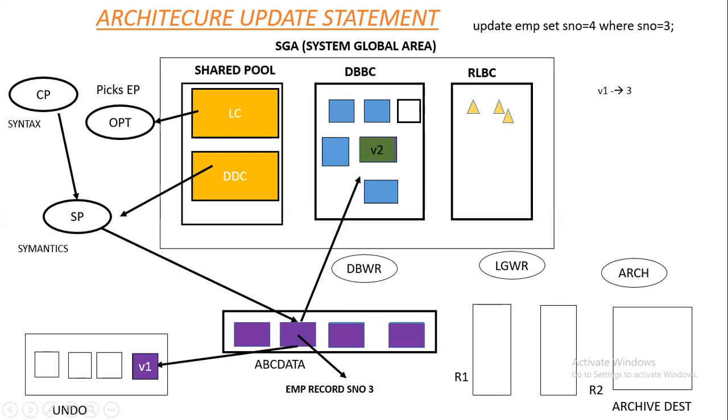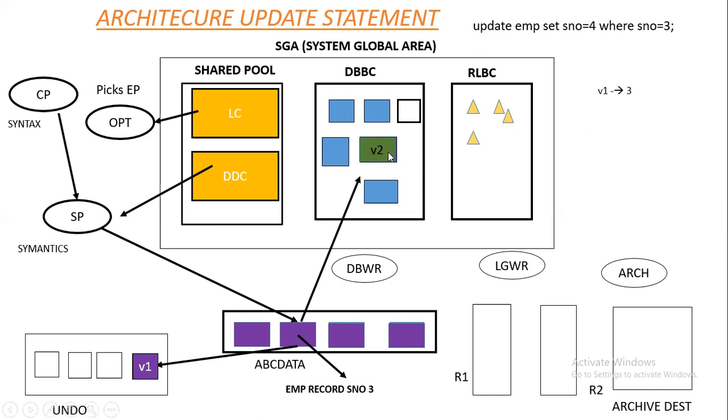Next, if you do update EMP set serial number equal to 4 where serial number equal to 3, then 3 will be updated to 4 and the value will become V2. This will always be V1 because it should be 3, and this should be 4.